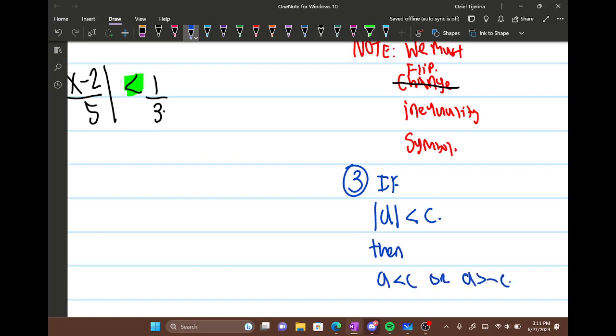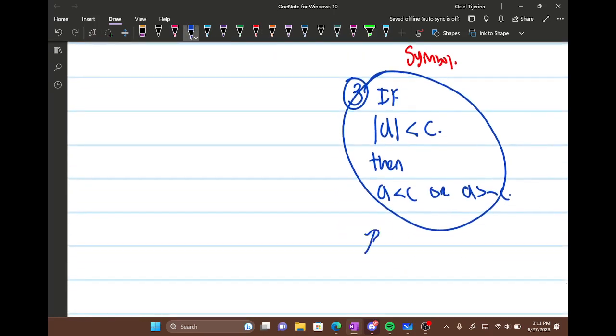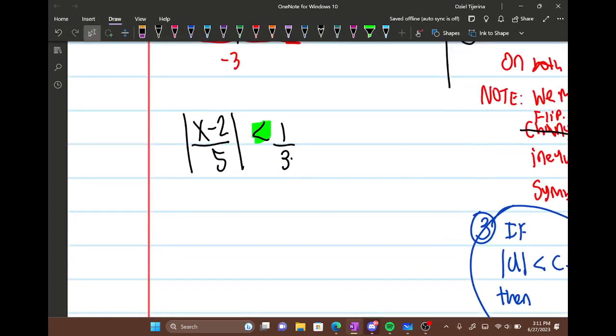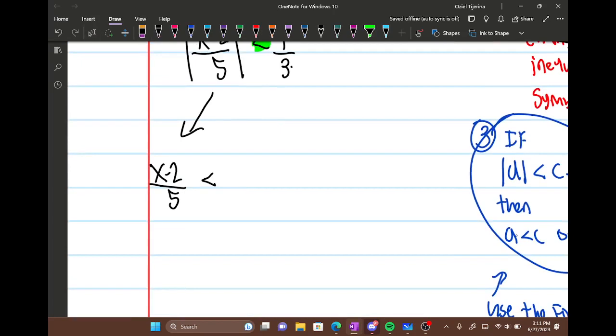We're going to use this rule, or property. Doing so gives us two things: x minus 2 over 5 is less than 1/3, or x minus 2 over 5 is greater than -1/3.